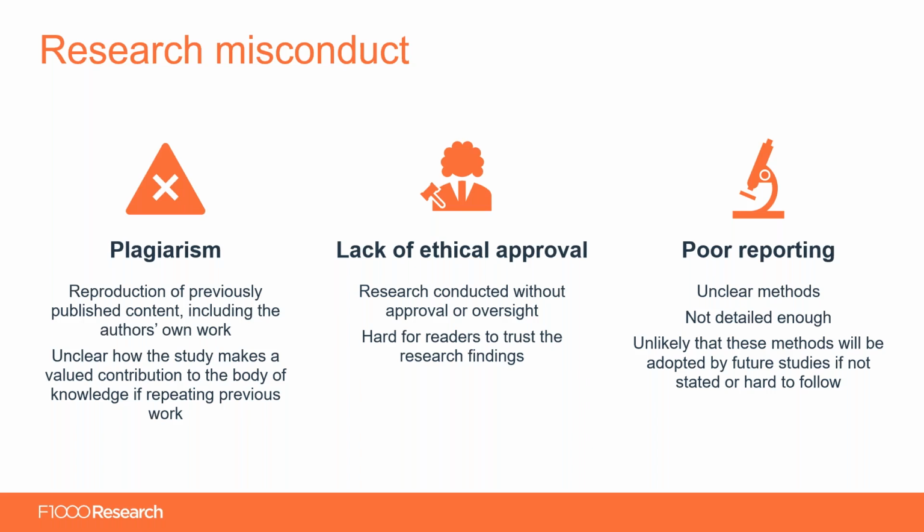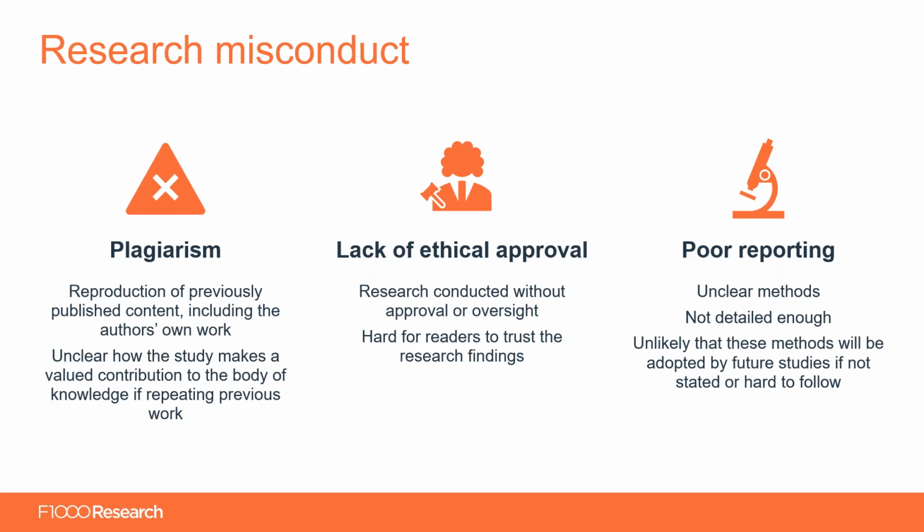Now that we've defined research integrity, I just thought I'd go through some examples of research misconduct and how this impacts the integrity of research. These are just some of the situations in which authors have not upheld research integrity, which our publication process aids authors in avoiding, including plagiarism, failing to seek or obtain ethical approval, and poor reporting of research methods.